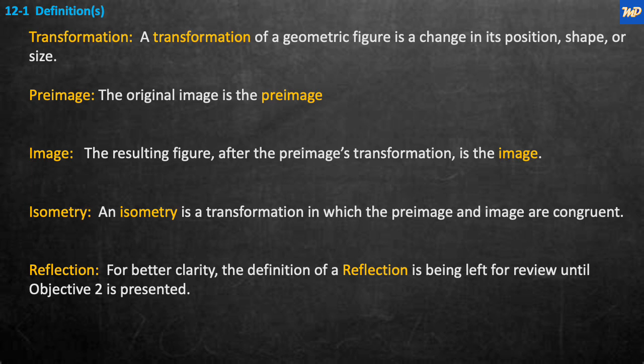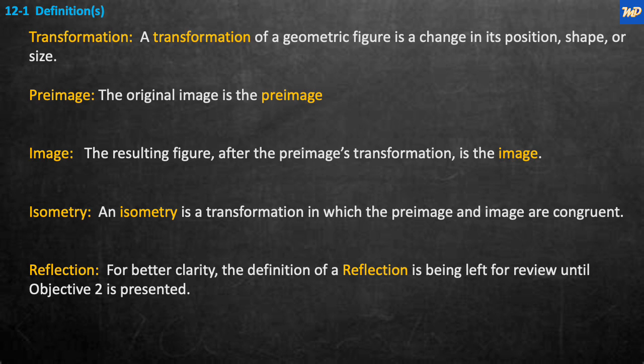Okay, so let's start this review by looking at a few definitions. A transformation of a geometric figure is a change in its position, shape, or size. The original image is the pre-image. The image is the resulting figure after the pre-image has been transformed.